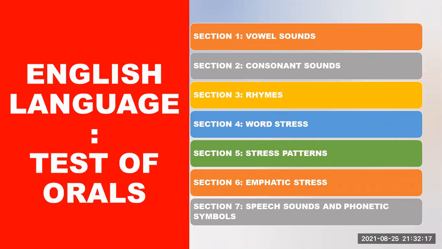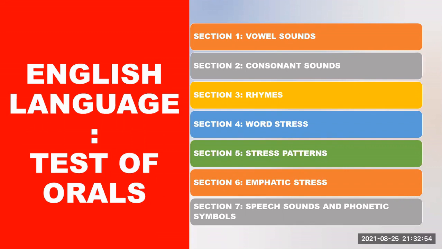Now, this brings us to the third part of the WASSCE English exam. This is English language part 3 and is made up of 7 sections. This is the part that presents questions on test of orals. In section 1, you have questions on vowel sounds. In section 2, you find questions on consonant sounds. In section 3, rhymes. In section 4, word stress.